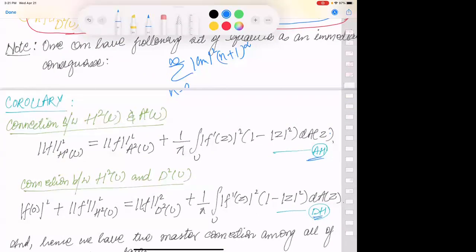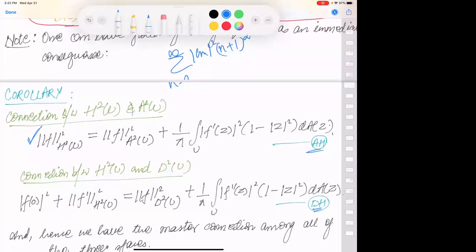In the first equality, the AH equality, you can see the connection between Hardy and Bergman, and in the same way you can see the connection between Dirichlet and Hardy with this equality.